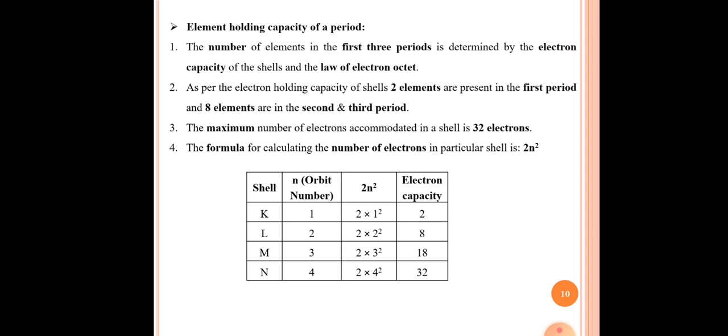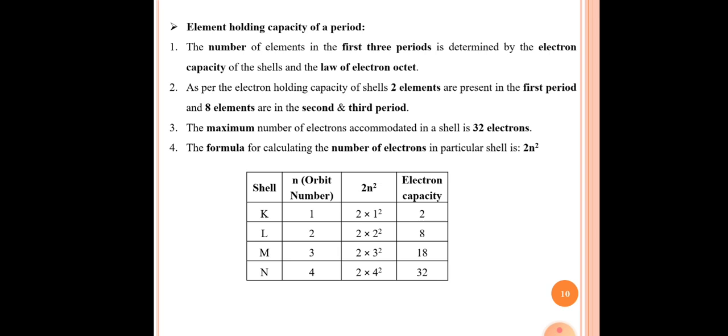The fourth point is, the formula for calculating the number of electrons in a particular shell is 2n², where n is the shell number.